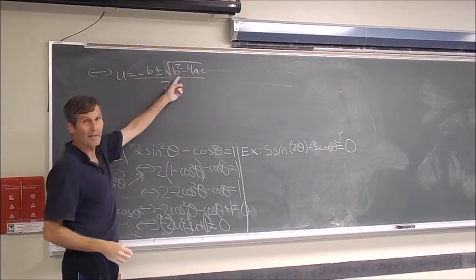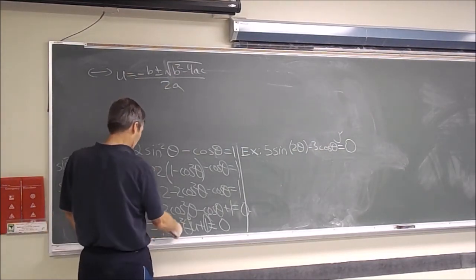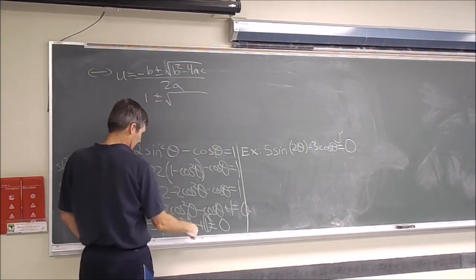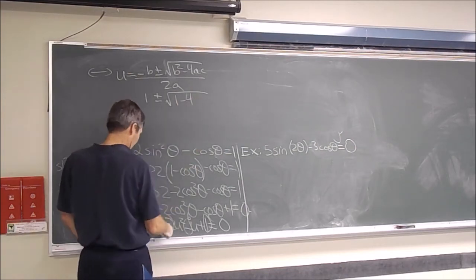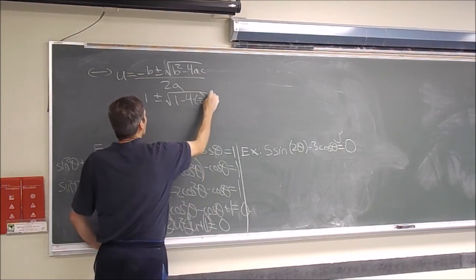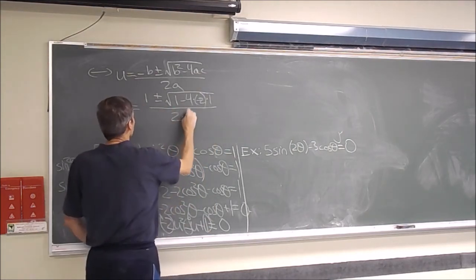If you get a square root of a negative, that means there is no solution, and it's telling you that too. So minus b is plus 1, and then plus or minus the square root of b squared, minus 1 squared is plus 1, minus 4 times a, which is negative 2, times c, which is 1, all over 2a, and a is negative 2, 2 times negative 2.